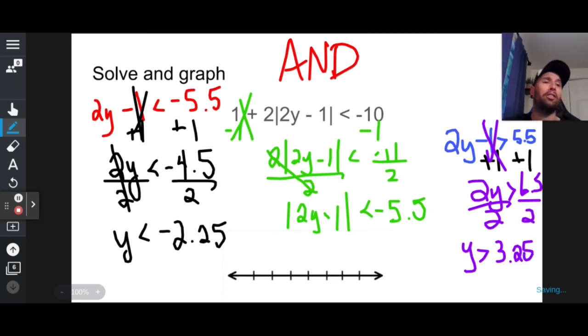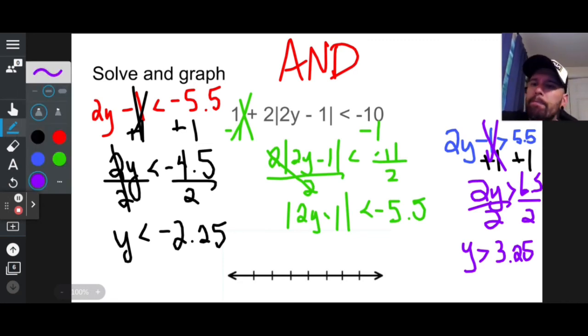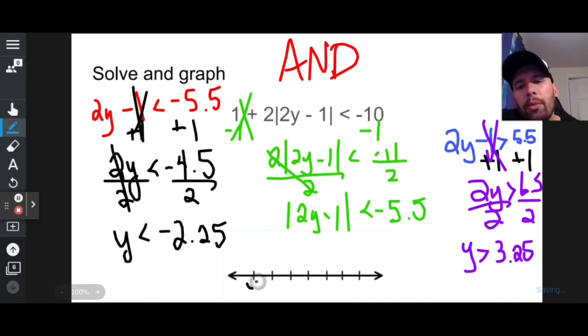And I know what's going to happen. Let's just do it. Watch what I do. This ain't going to be pretty. Negative 3, negative 2, negative 1, 0, 1, 2, 3, and I'm going to add 4 right there.